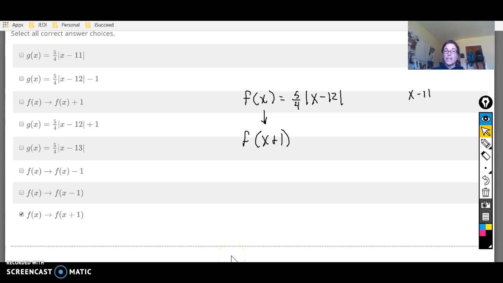When I do that, I'm going to end up with that 5/4 still times |x minus 11|. And now that is my g(x) function, my new mapped function. I still don't have a k value because I'm not moving vertically. I'm just making that horizontal shift.